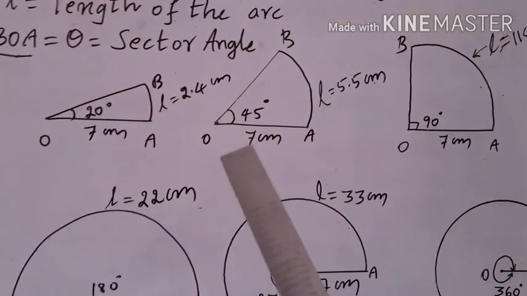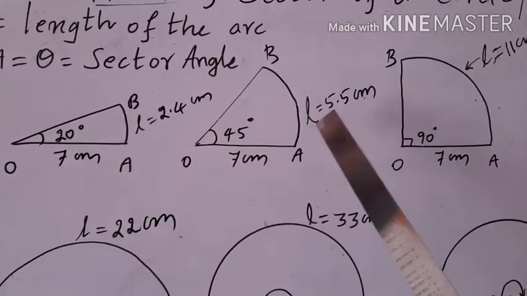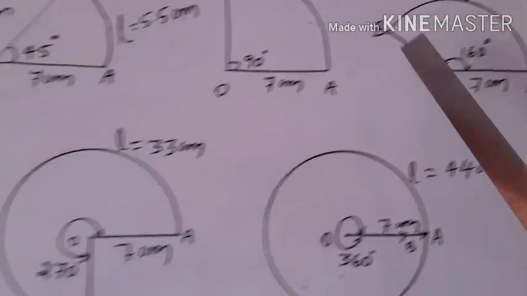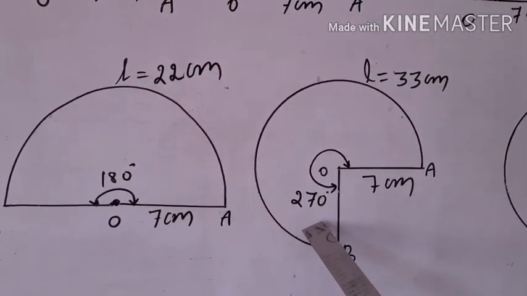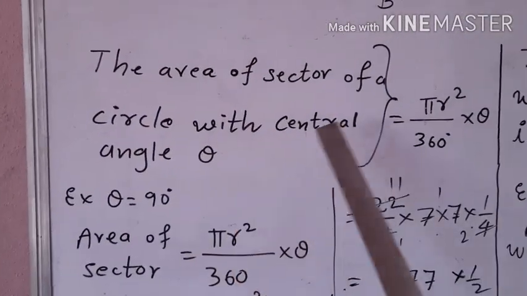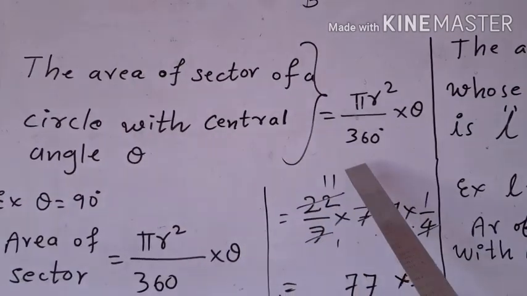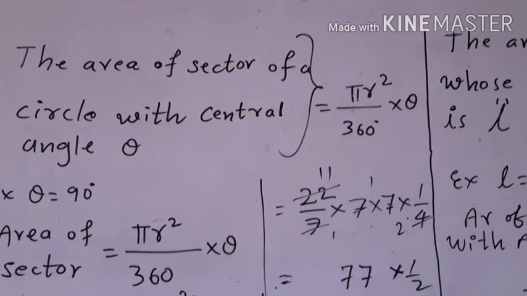Similarly, you can find the area of the sector with central angle 20 degrees, 45 degrees, 160 degrees, 180 degrees, 270 degrees, by using the formula: area of the sector of a circle with sector angle theta is equal to πr² by 360 degrees into theta.